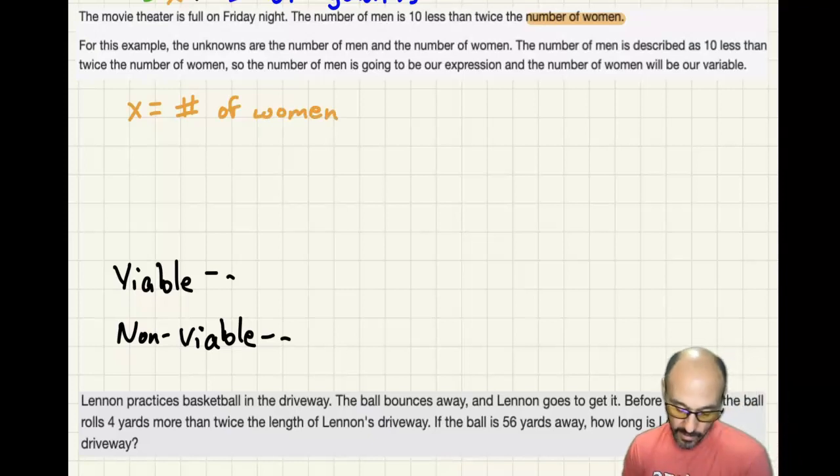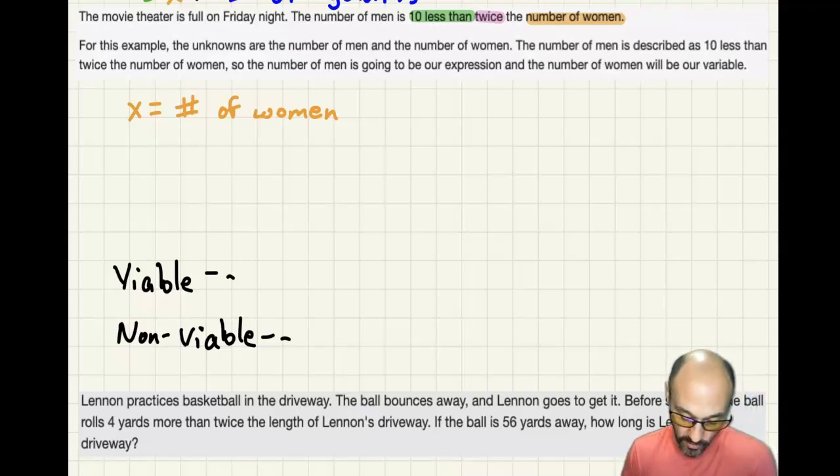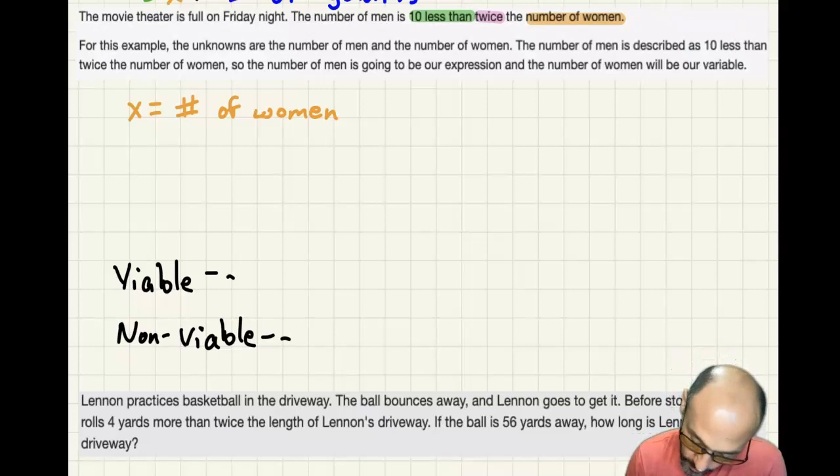And because x is the number of women, we can represent the number of men in reference to that. 10 less than, that's an important thing. And twice is an important thing. So the number of men is 10 less than. That means we're subtracting 10 from something. And what we're subtracting it from is twice the number of women. So twice means 2 times.